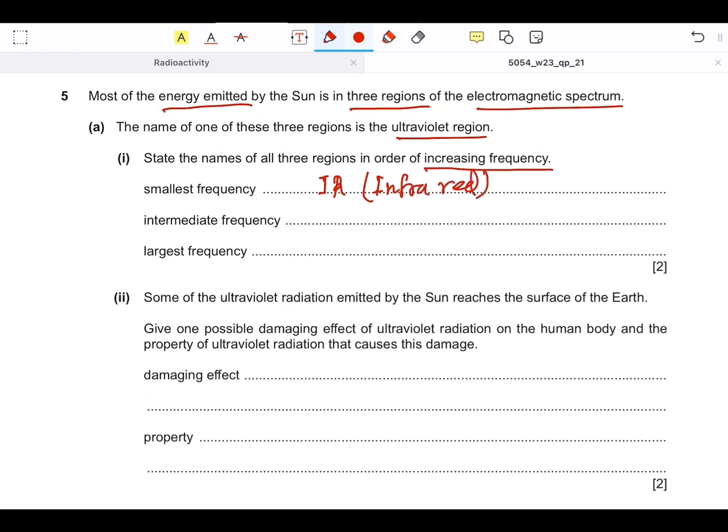Intermediate frequency that we can have is visible light. And the largest frequency that we can have is ultraviolet, or we can write UV for short.